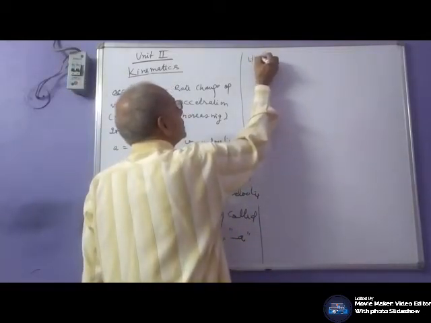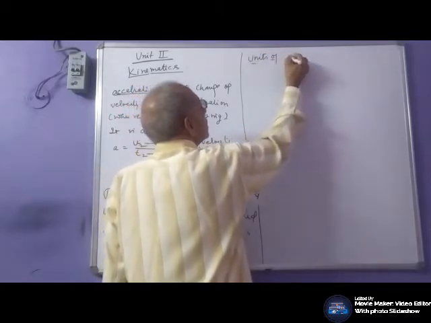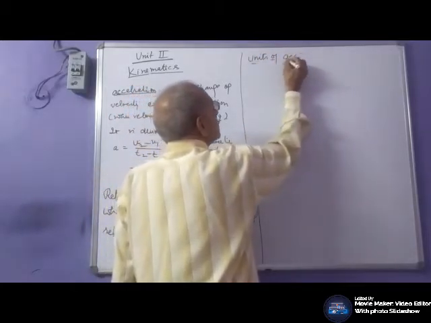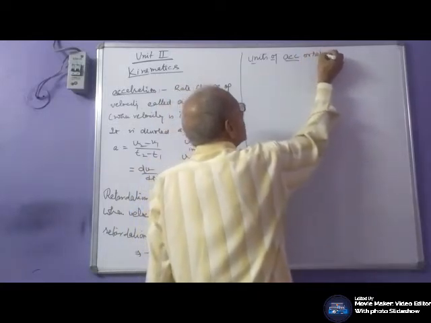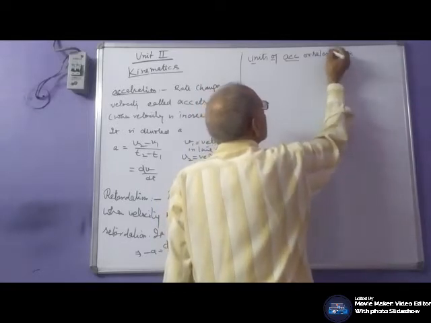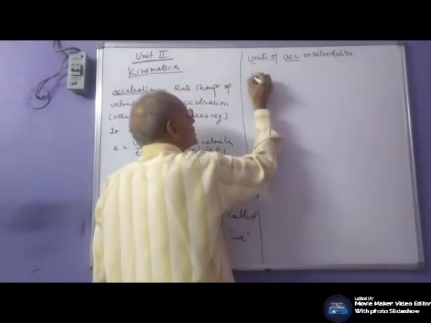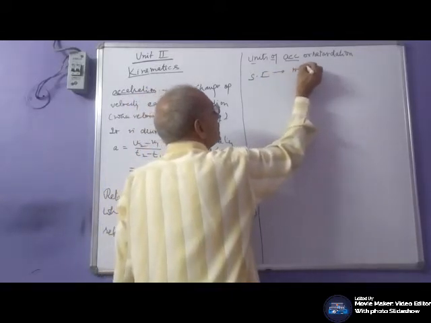Units of acceleration or retardation. SI: meter per second square.